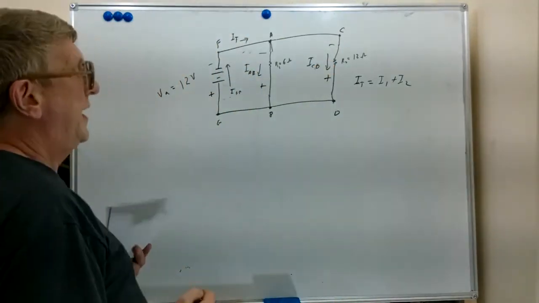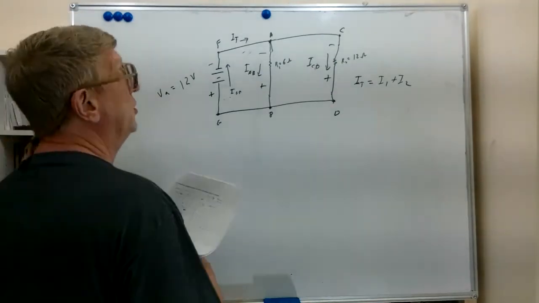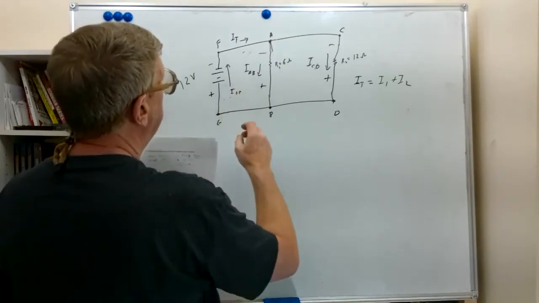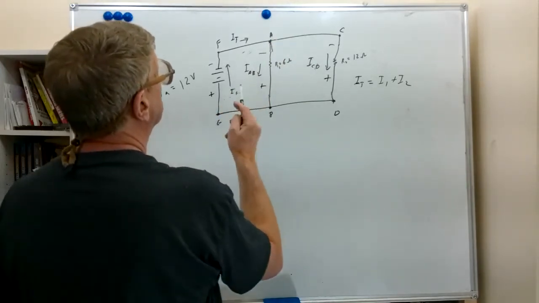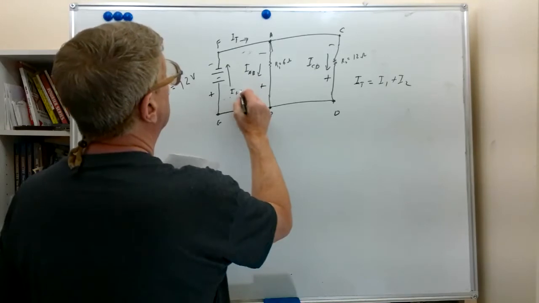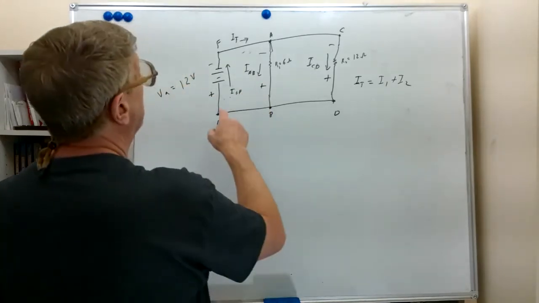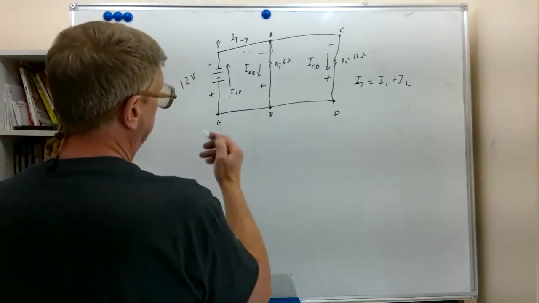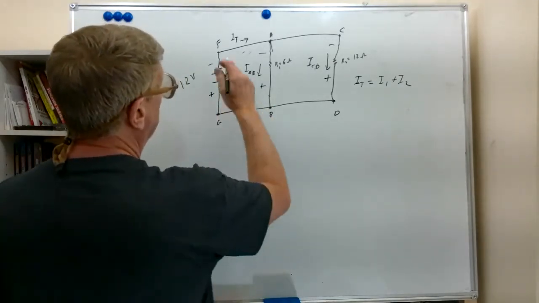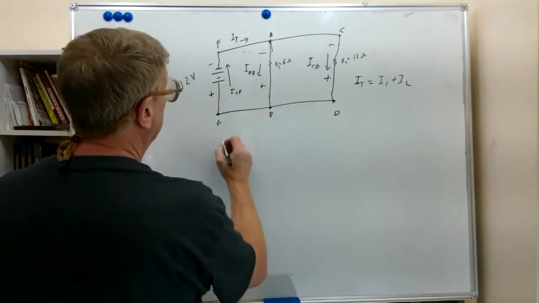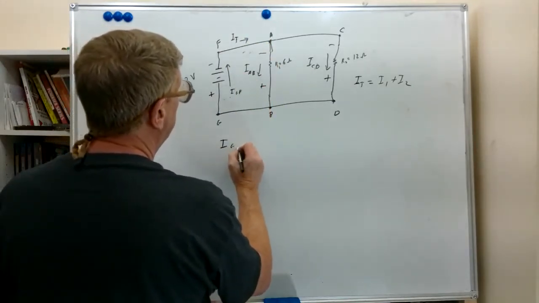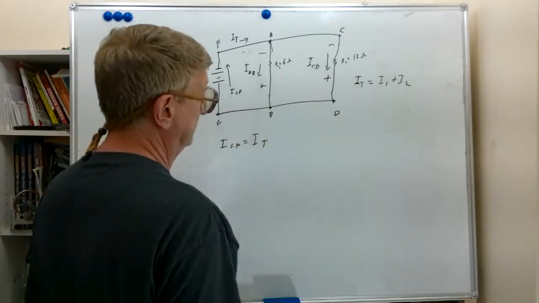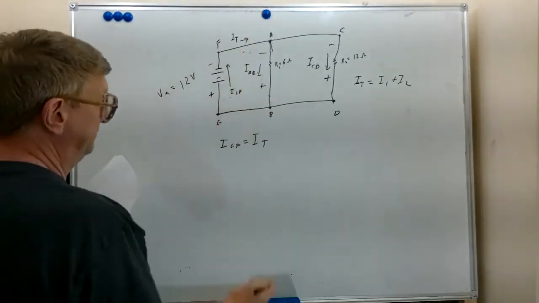So now we've labeled our currents based on what points or nodes they travel from. IE to F went from point E to point F, which you can see by our older nomenclature that that's the same. So I E to F was equal to I total. Same current.